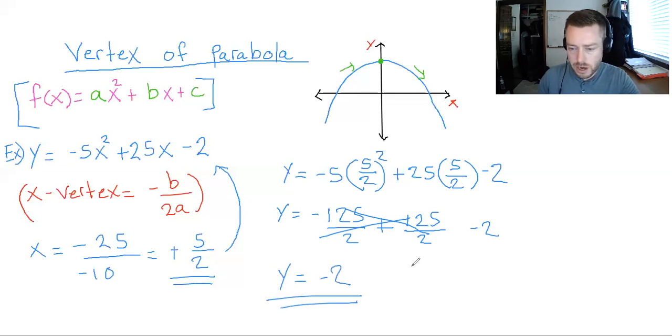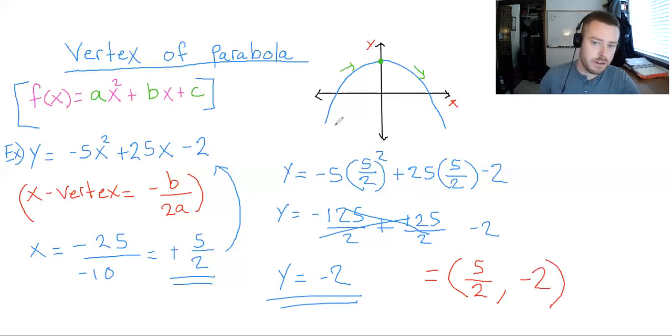So our vertex pair, our answer, is going to be 5 halves, comma, minus 2. If you look up here on the graph, I drew this randomly. I actually didn't know exactly where the vertex is. I just drew a random parabola that I know is sloping downward because of the negative sign at the negative 5x squared.